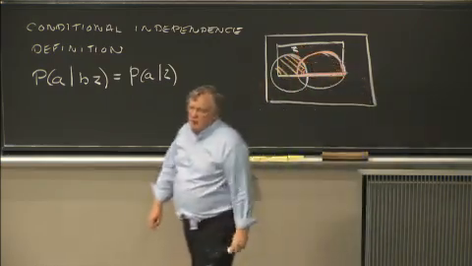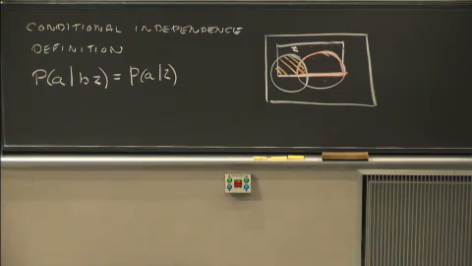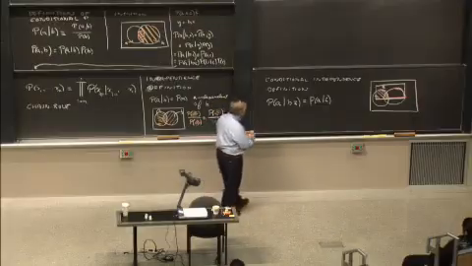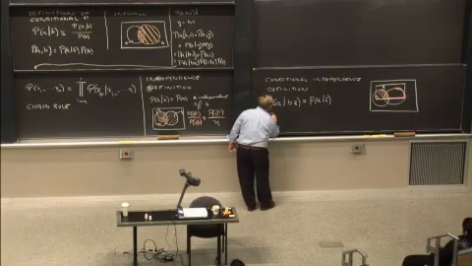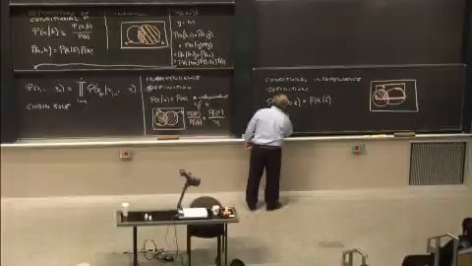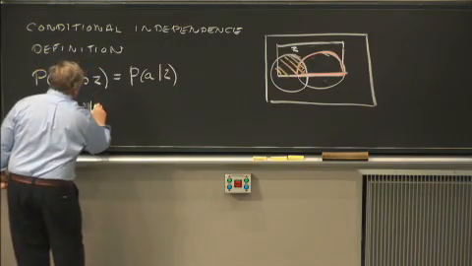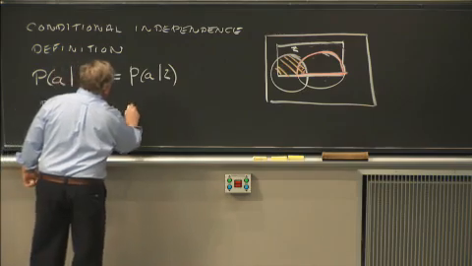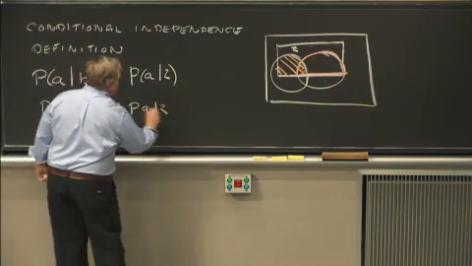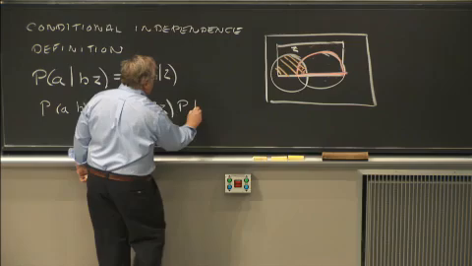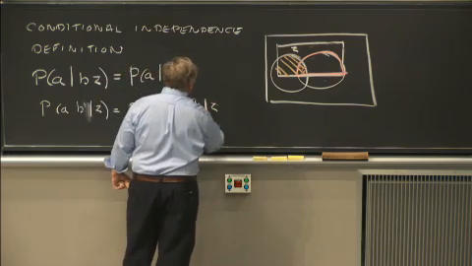So that's conditional independence. So you can infer from these things with a little bit of algebra that P of A and B given Z is equal to P of A given Z times P of B given Z.